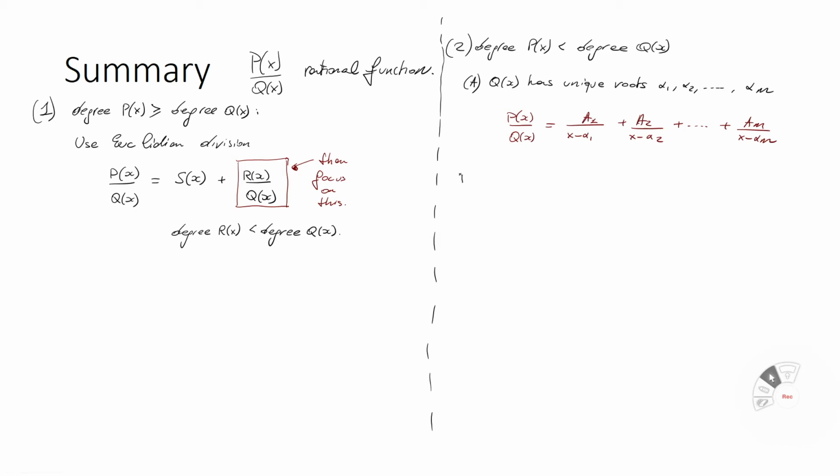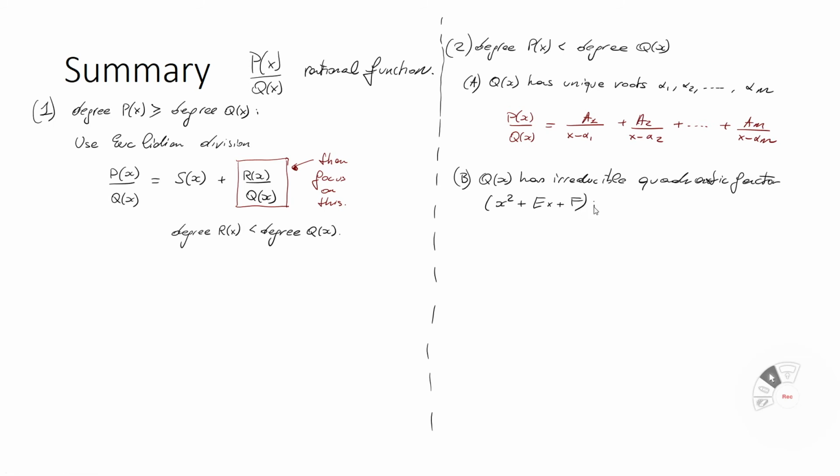And then the second case that can happen, either separately again or in conjunction with the first, is that q of x has an irreducible quadratic factor, so let's say something of the form x squared plus ex plus f.